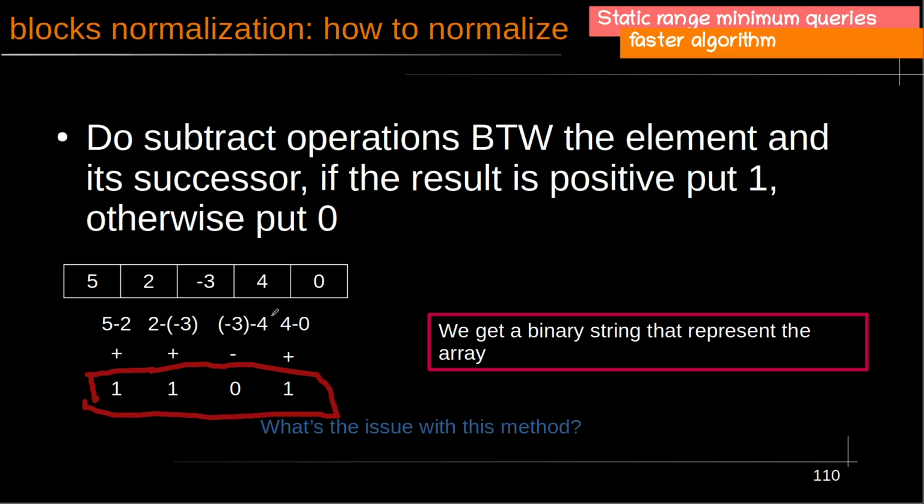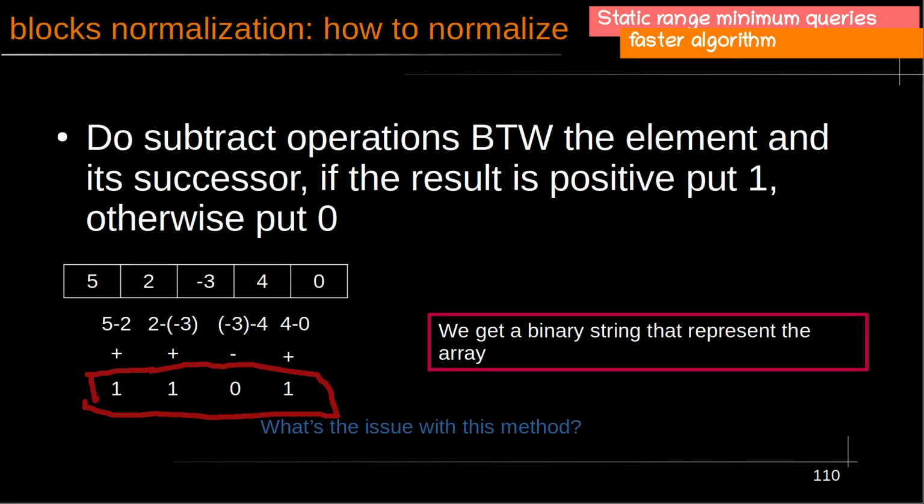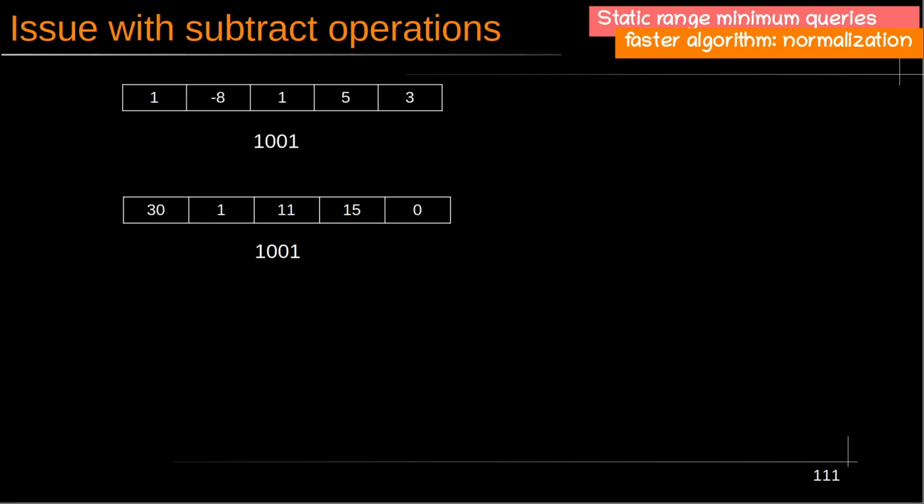Okay, but this method has an issue. Let's see it together. If I take these two arrays and apply this method, we get the same binary representation. So we could say they have the same type.